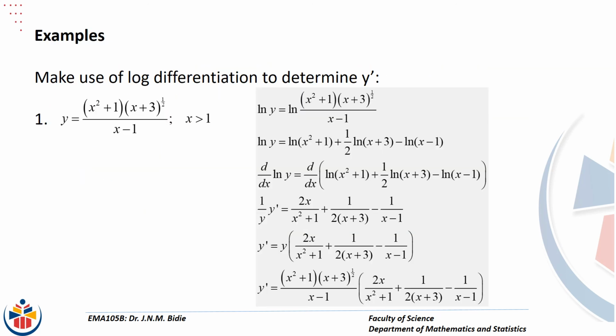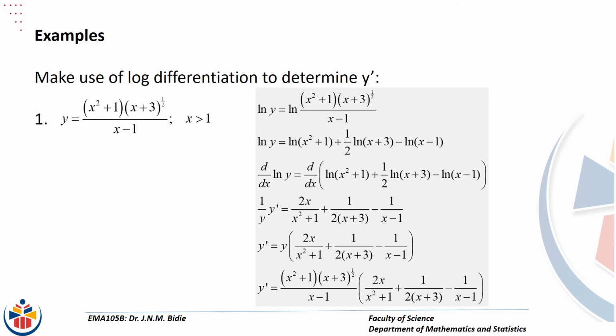In the first example, we can see the numerator is a product of two functions, and then we have a denominator. Remember, we cannot use the quotient rule if there are more than two functions in an expression. So the product rule and quotient rule cannot be used here.